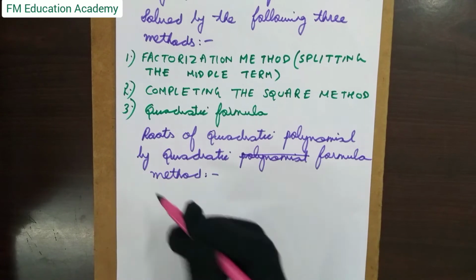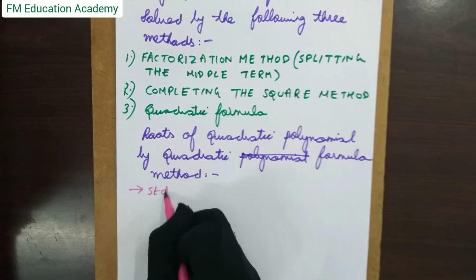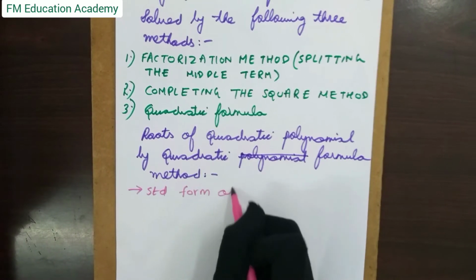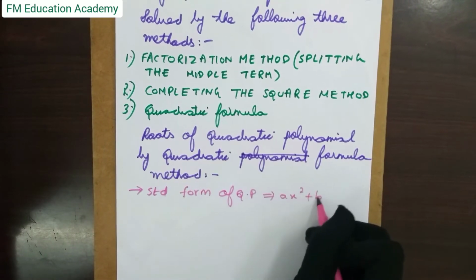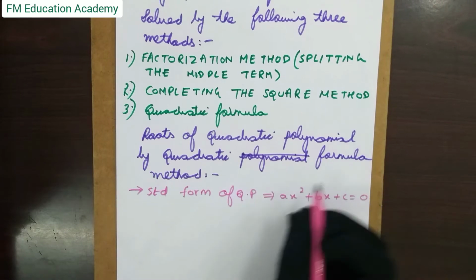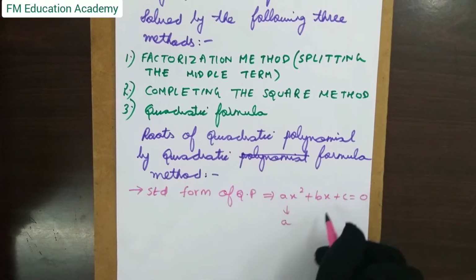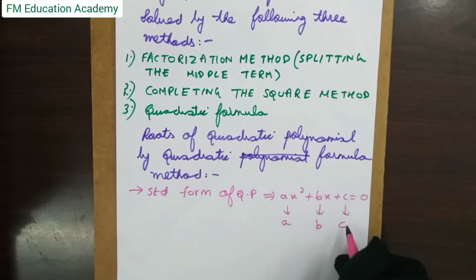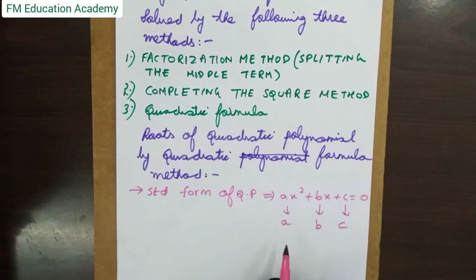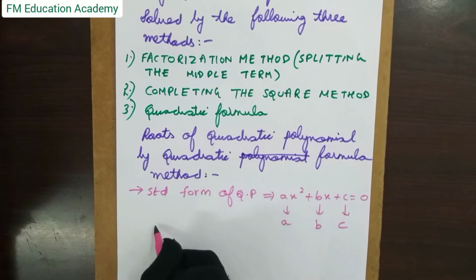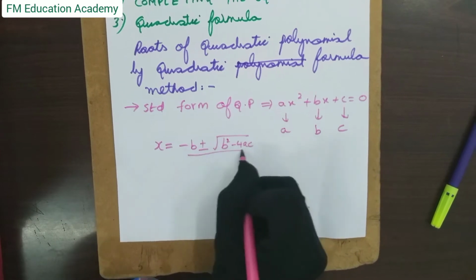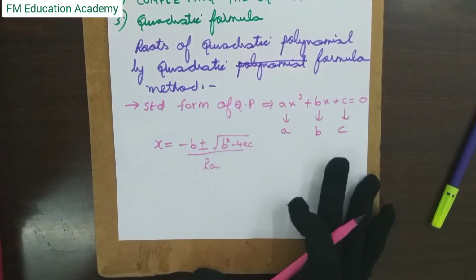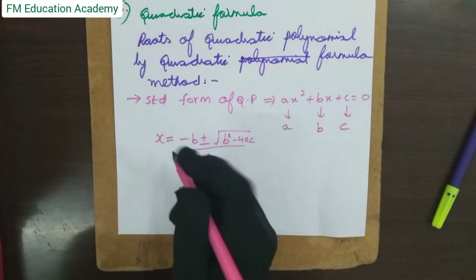First step: the equation will be given in the question in the form ax square plus bx plus c equals 0. From this we get the value of a, b and c. Then there is a formula: x is equal to minus b plus minus root b square minus 4ac by 2a. This is the formula for finding the roots of the quadratic equation.